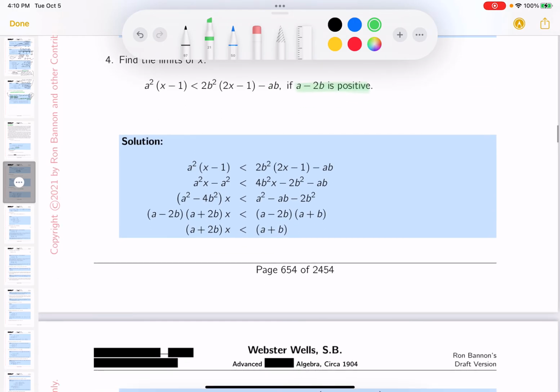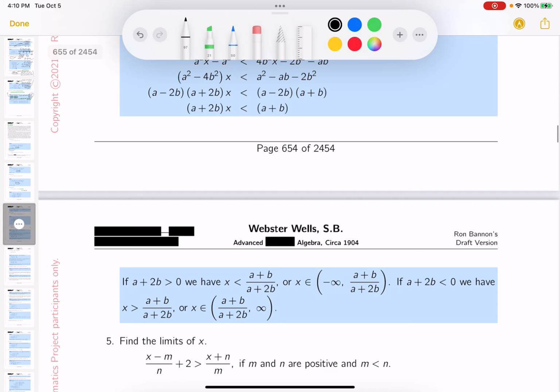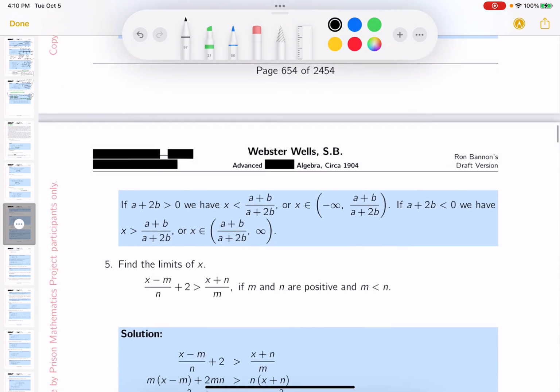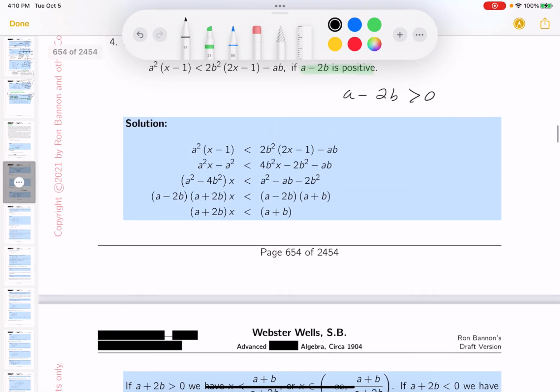Now, why do they say a minus 2b is positive? Let me write down what I mean by that. They're saying a minus 2b is positive. Probably you're going to either multiply the inequality by that, or divide the inequality by that, at some point. But anyway, go through that, make sure you can do that, and make sure you're looking at that as we do that. I want to point out what I mean by that division.